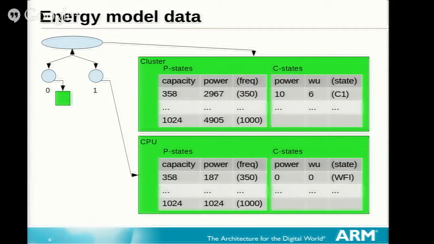In that case, the cluster would be at the 1024 capacity, and the power would be 4905. So that would be the power consumption of the cluster. The CPU that we woke up, if we only have 1 CPU, then we would have to add 1024 for the CPU as well, so the total power consumption would be 5,929. If we wake up the other CPU, so they're both awake, we would have to add another 1024, and that would give us our total power consumption.